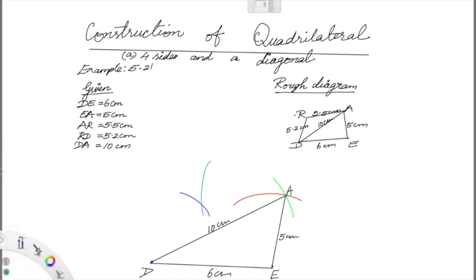Name that point of intersection as R. Now join DR and AR. Write the measurements, 5.5 centimeter and 5.2. That's all. We have constructed a quadrilateral. Are you clear, girls? Yes. We'll move to the next example, the next type.